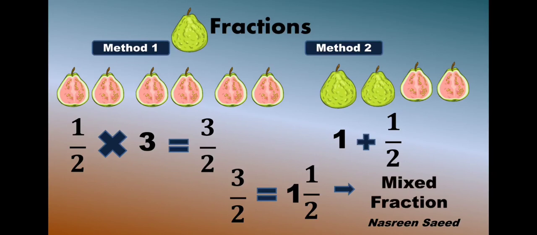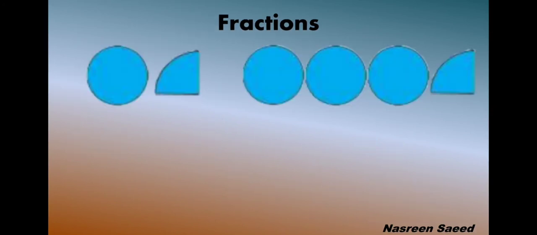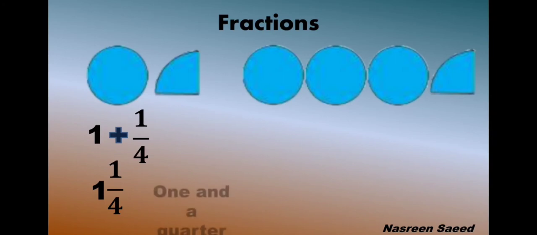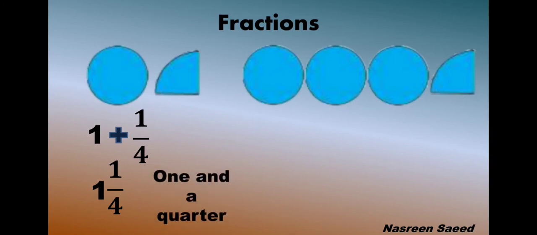So what did we see in this? We saw that 3 upon 2 is equal to 1 and a half, and 1 and a half is also called a mixed fraction. Now let us understand quarter. 1 whole and 1 quarter makes 1 and 1/4, and it is written as 1 and a quarter.